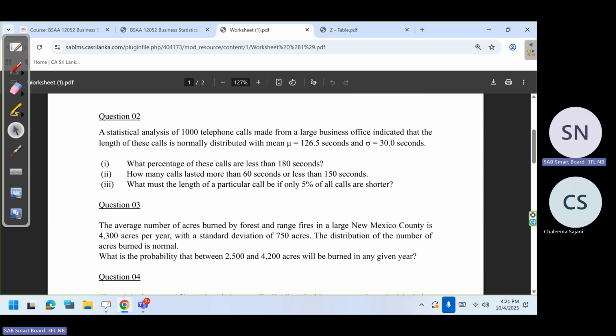Then the first one, you need to find out the percentage value. Okay? Then first write down the probability value, then multiply by 100.